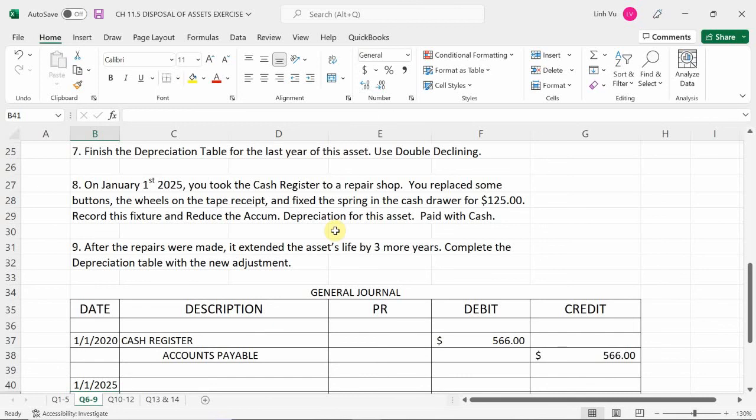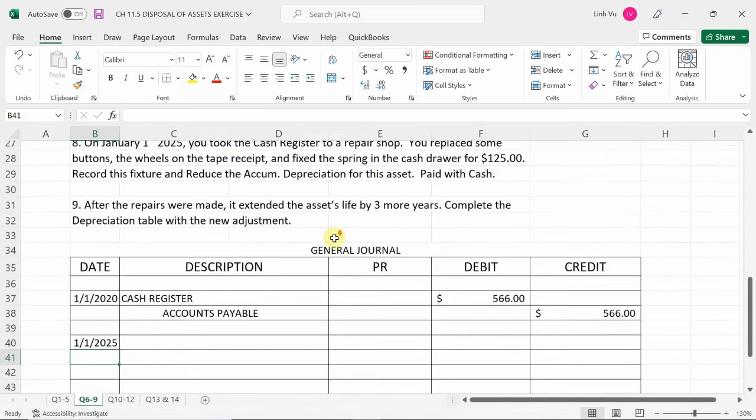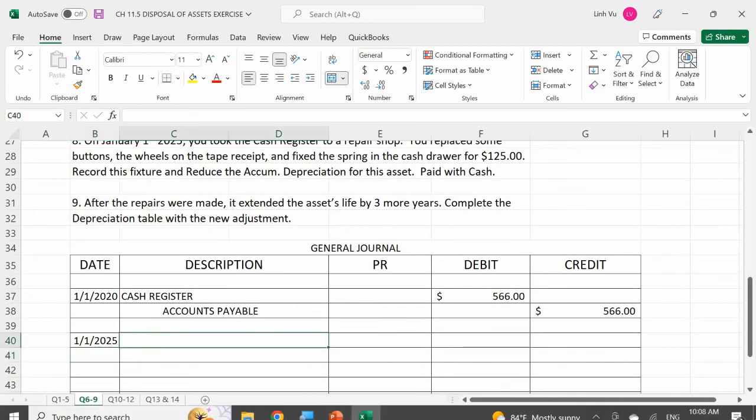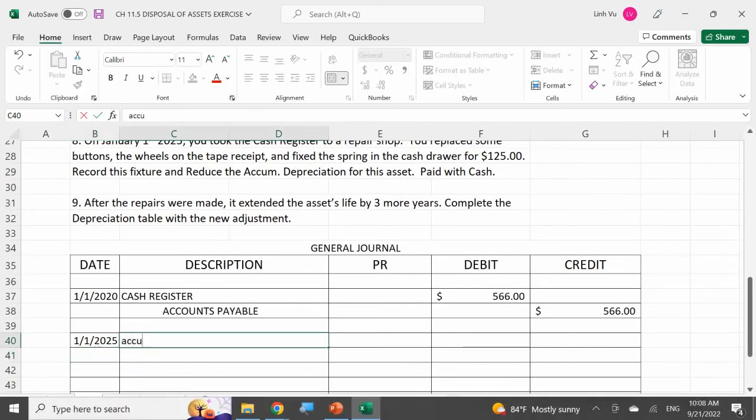No, we don't owe anybody any money. Okay, read it again. I want you to reduce the accumulated depreciation. So it would be the accumulated depreciation. Say that again. That's accumulated depreciation.